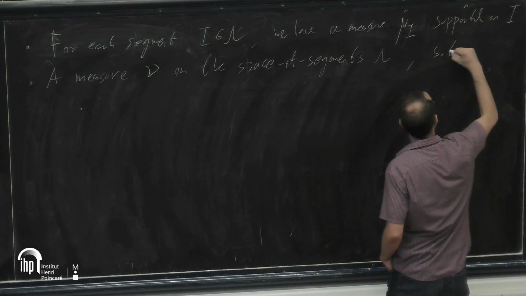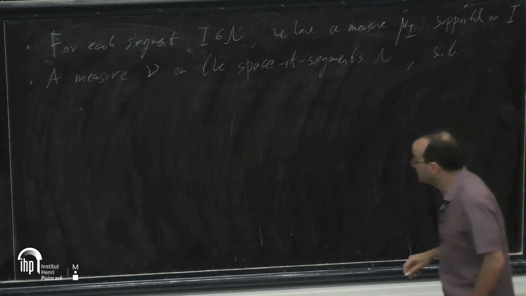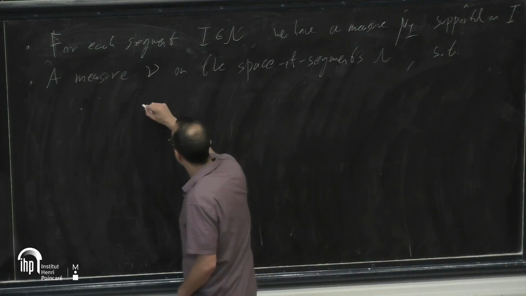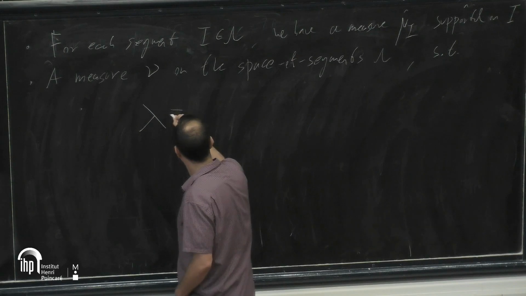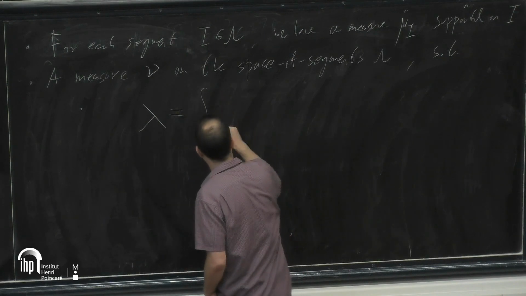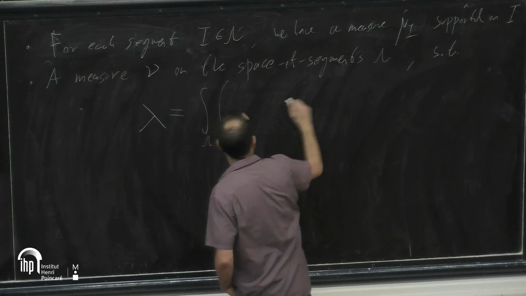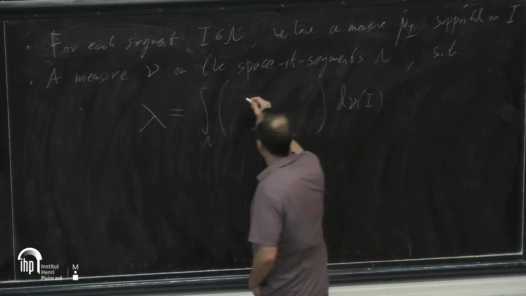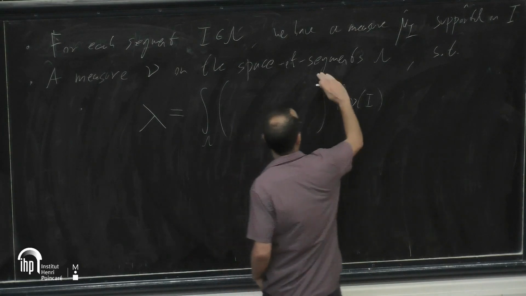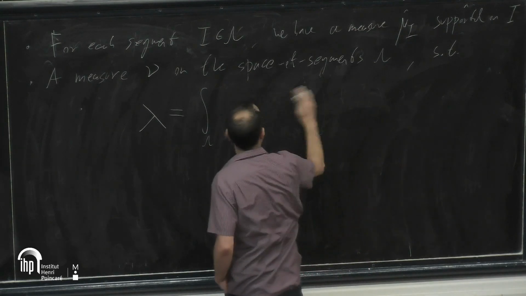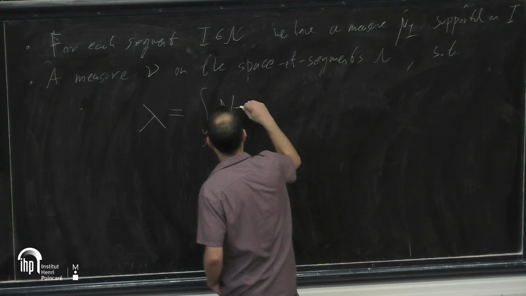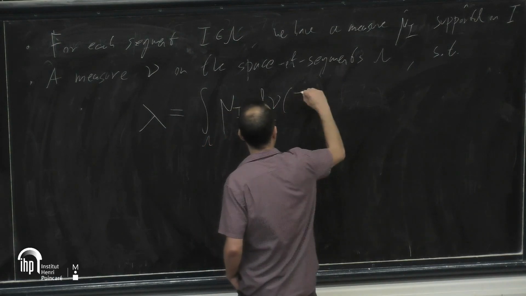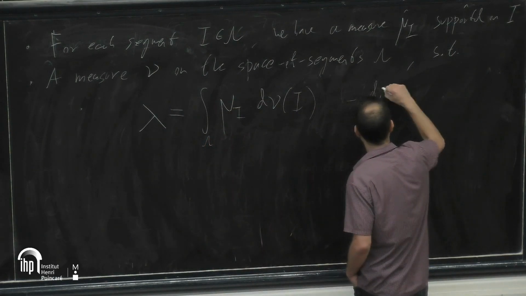Such that we have a disintegration of measure: the original measure lambda is the average, or the integral, of the mu I. So the original measure is the integral of these measures. This is called disintegration of measure or conditional probability.